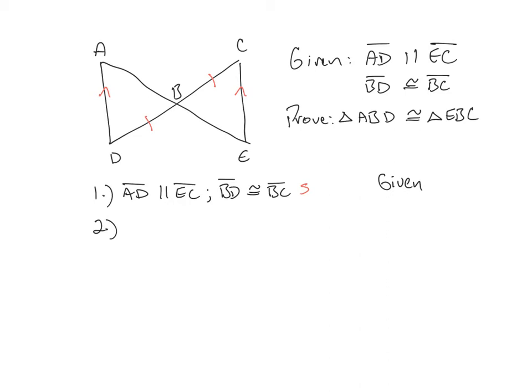So I could say that angle A is congruent to angle E, and that's alternate interior angles congruent.